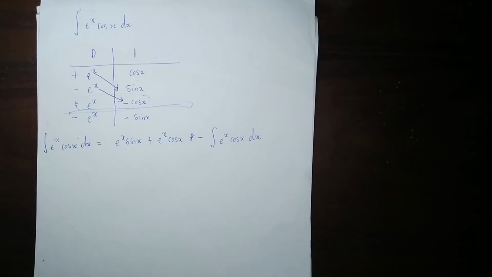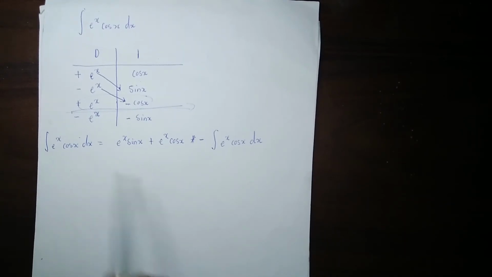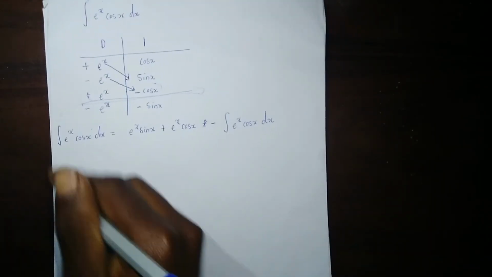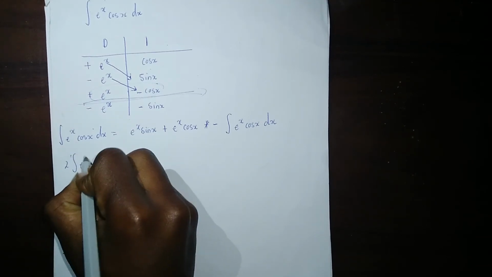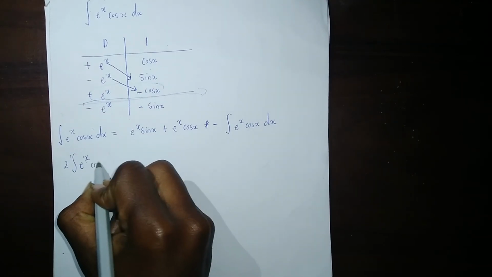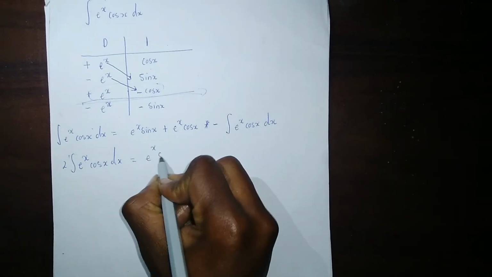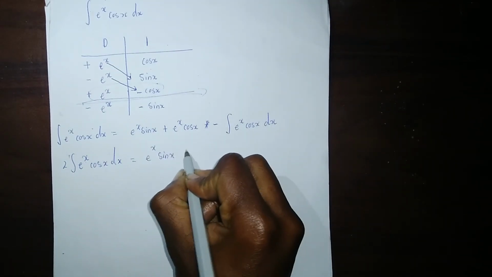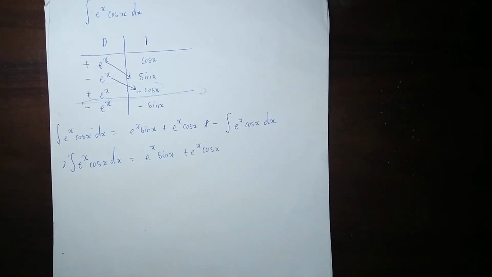So at this stage, as you can see, this is a like term to this one. So we are going to add them. So we end up with 2 integral e to the power x cos x dx is equal to e to the power x sine x plus e to the power x cos x, right?